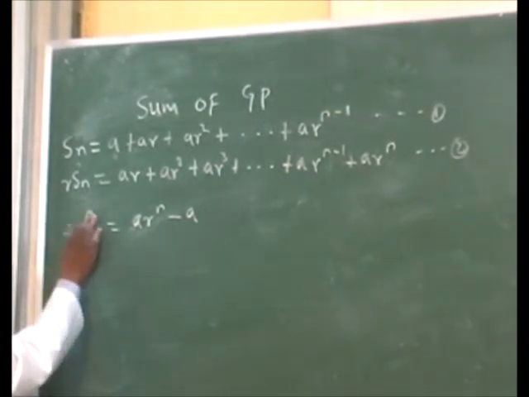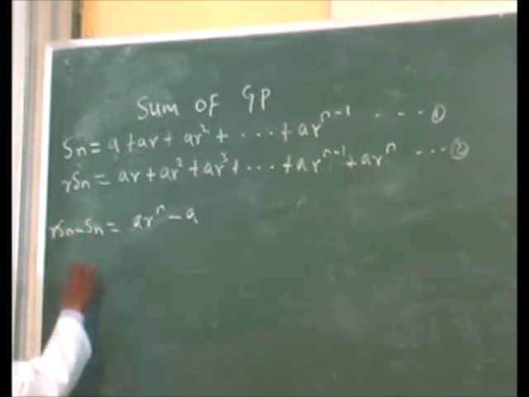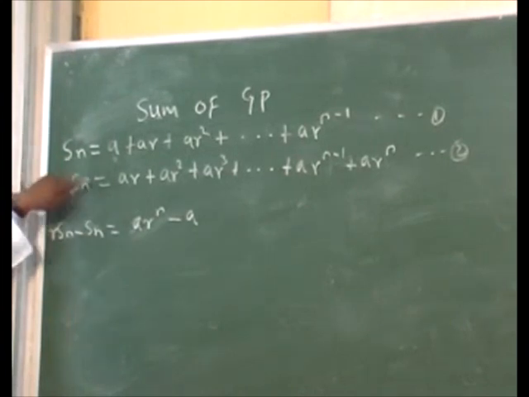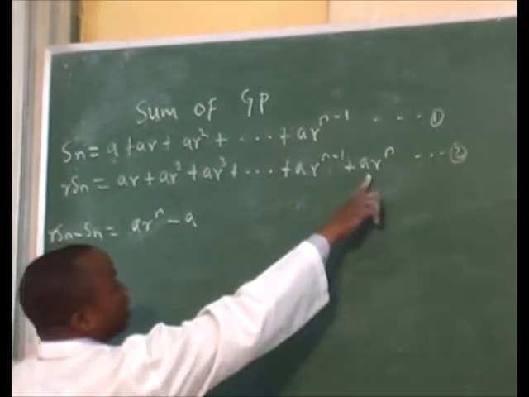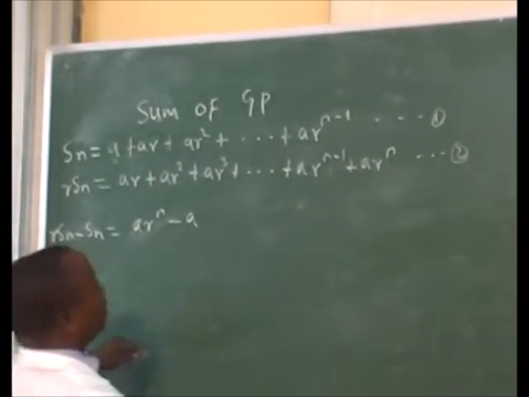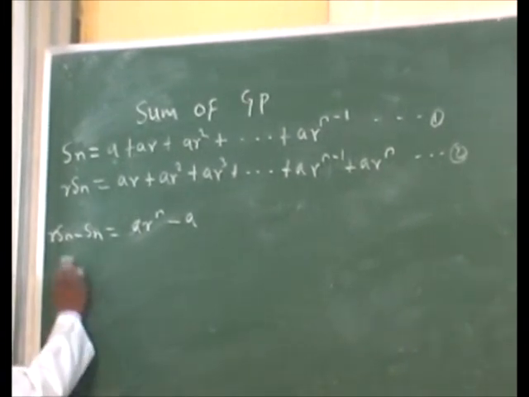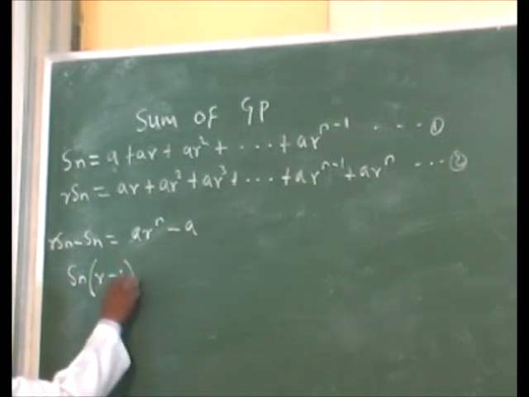That is to say, I will have Rsn minus Sn, and then this will go. So we'll have AR raised to n minus A, because it's A that will remain. Now we see that Sn(R minus 1) will be equal to that.